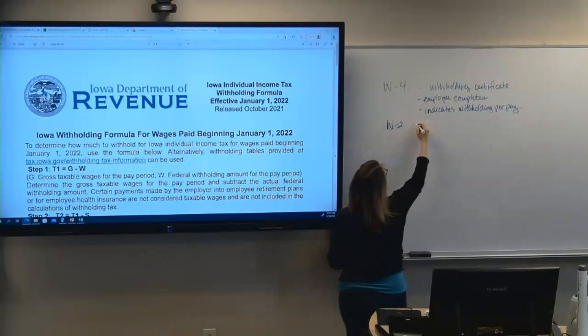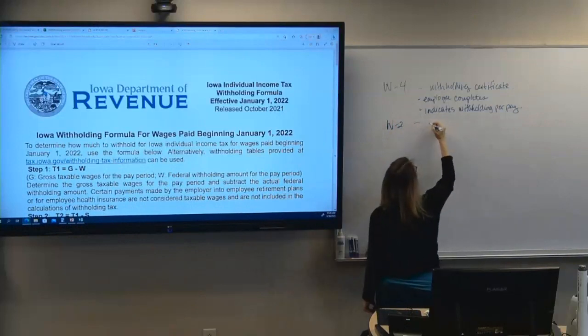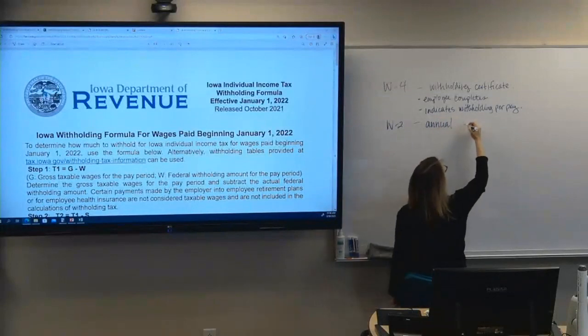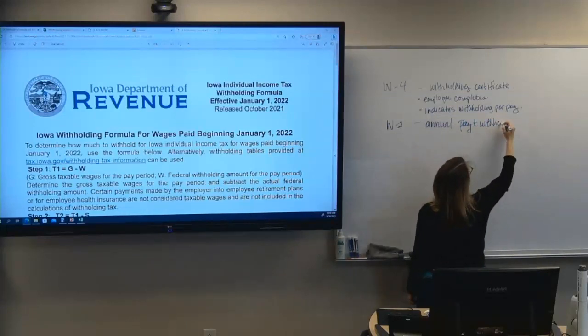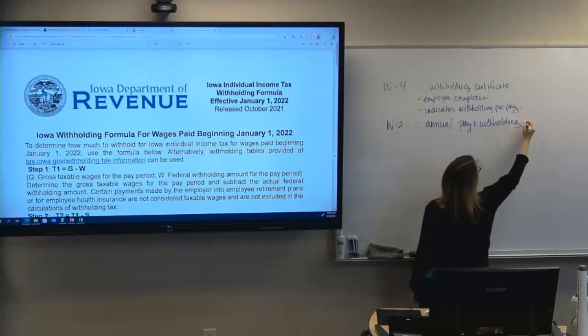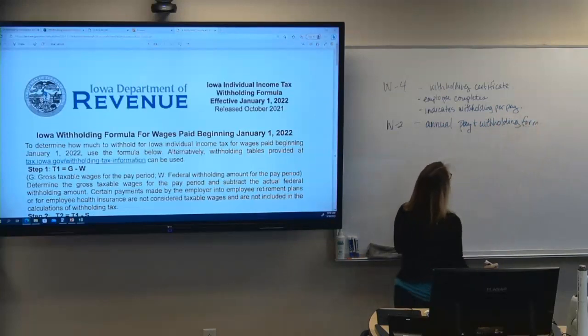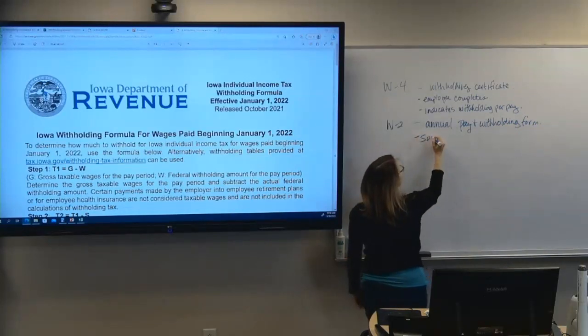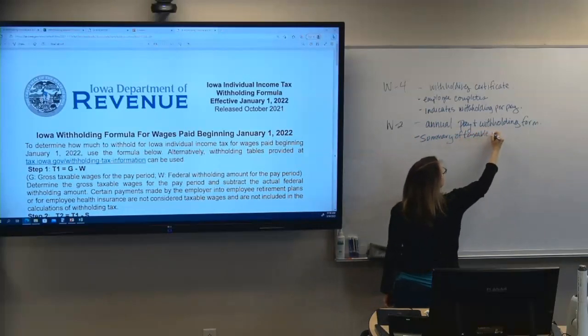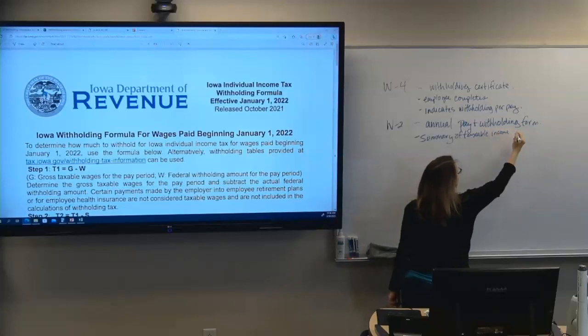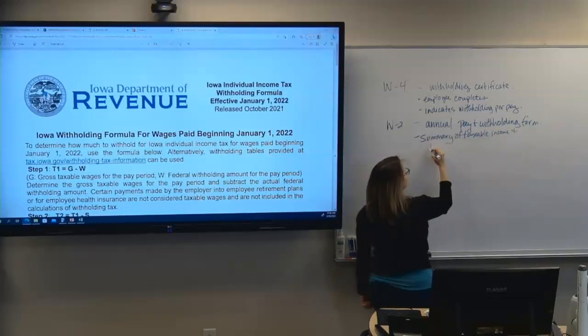W-2 is our annual summary of income, taxable income, and tax withholding.